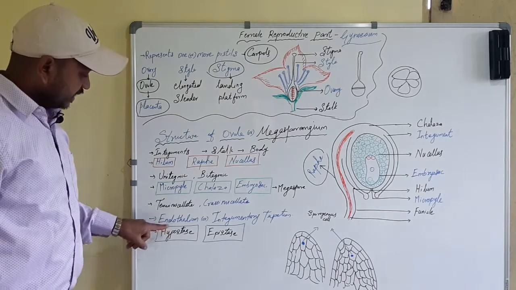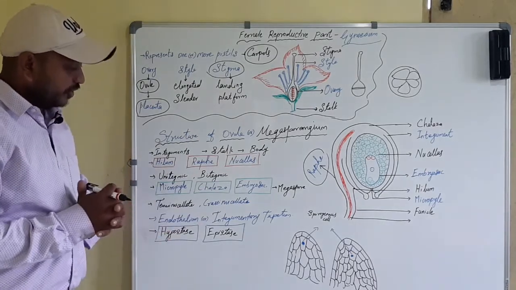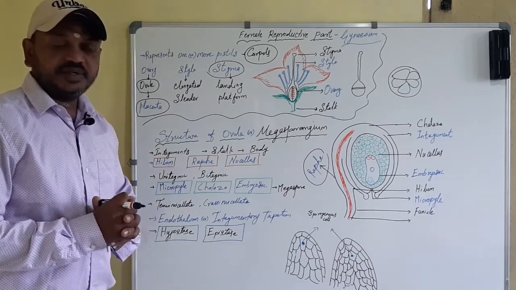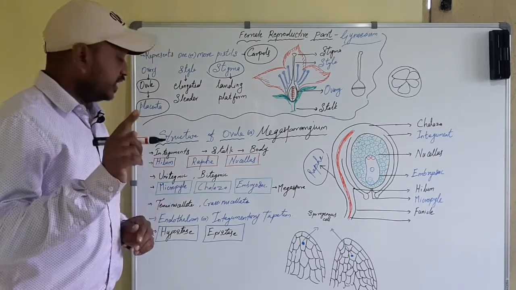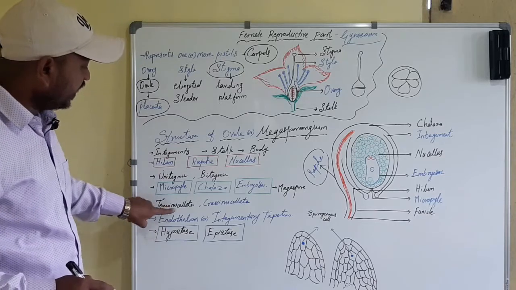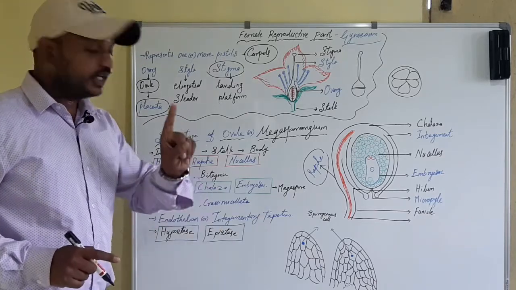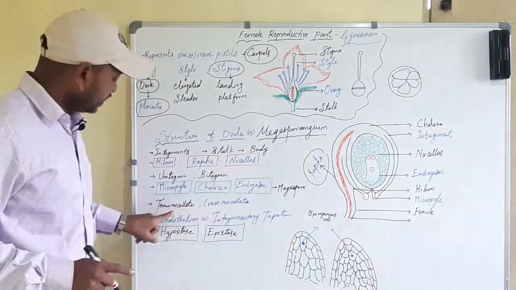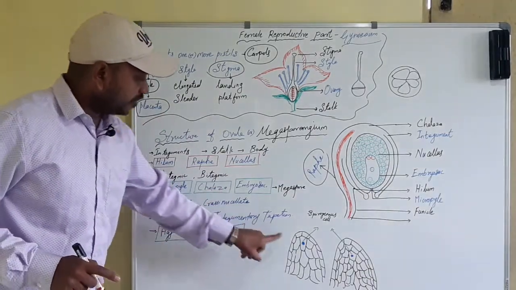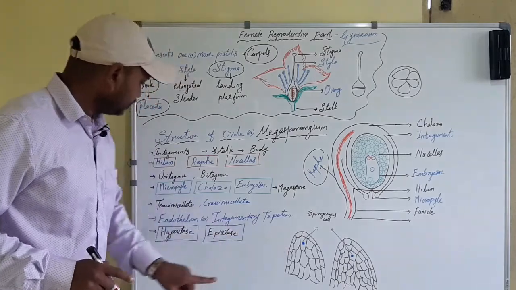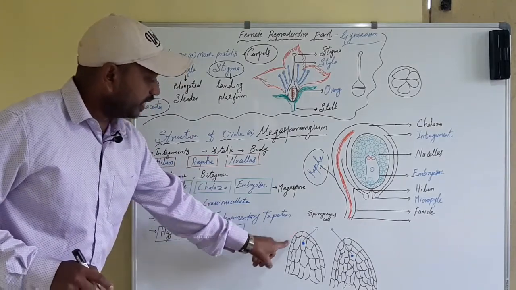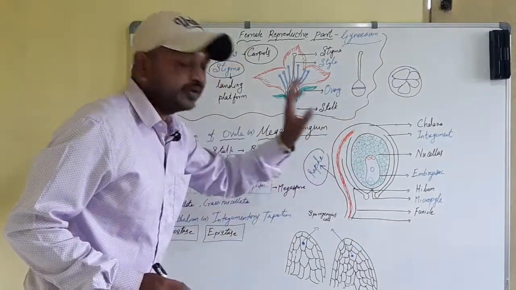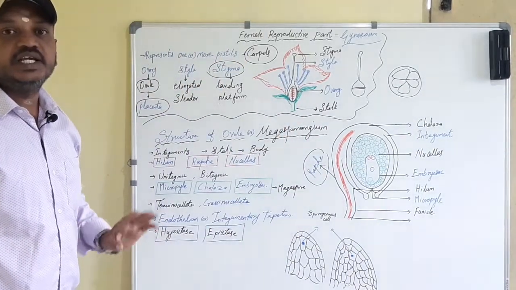Next, endothelium or integumentary tapetum. What is the endothelium or integumentary tapetum? It's an important 2-mark question. In a unitegmic tenuinucellate type of ovule, unitegmic means it possesses a single integument, the integument serves as a nutritive tissue for the embryo sac.